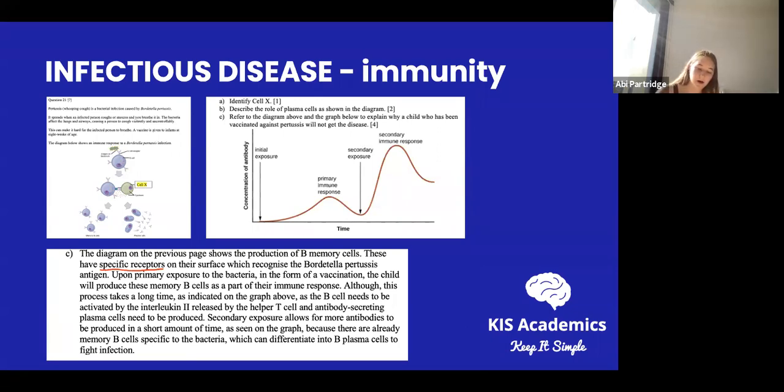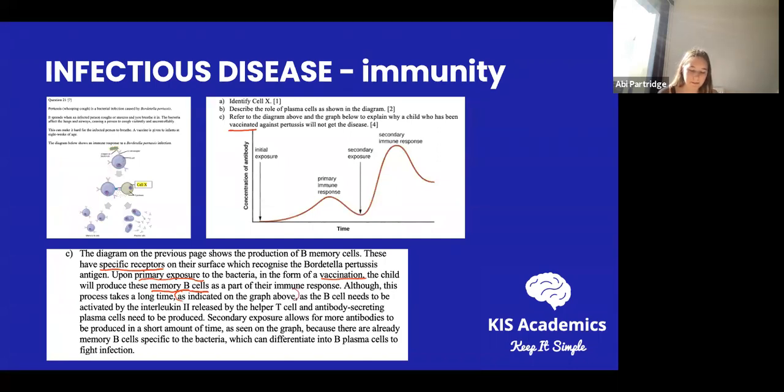You can see in the graph as well that the concentration is much greater than in your primary immune response. So there's primary exposure to bacteria, and then you've got the vaccination here, and you're producing the memory B cells as part of the immune response. And you've got specific mention of the graph.